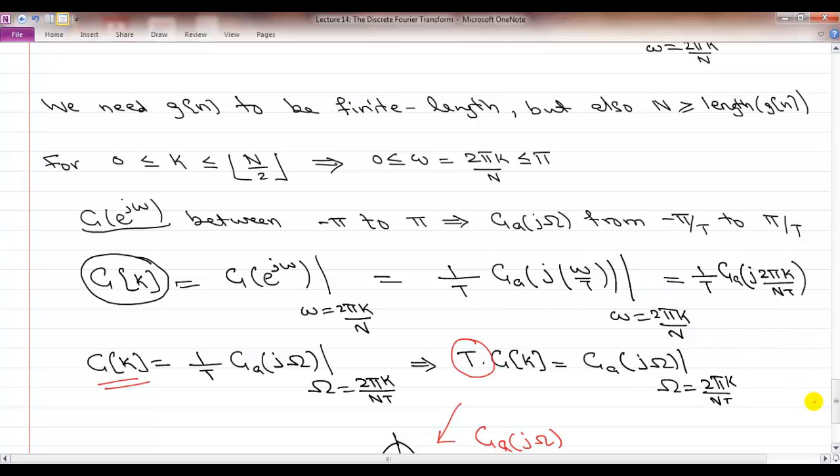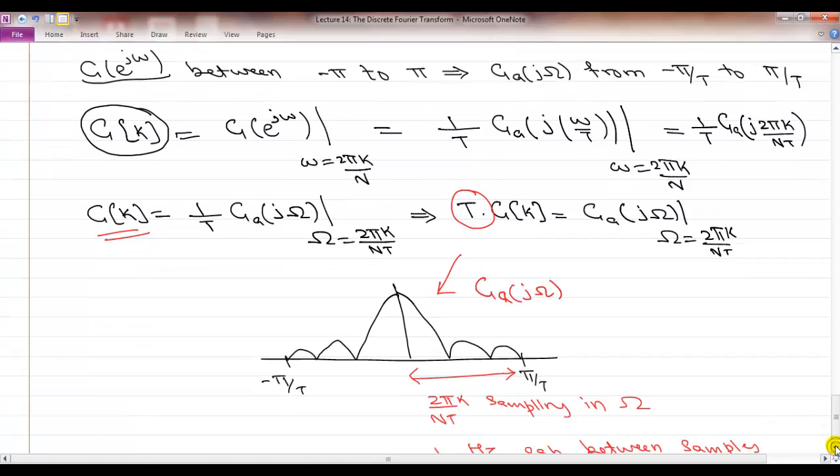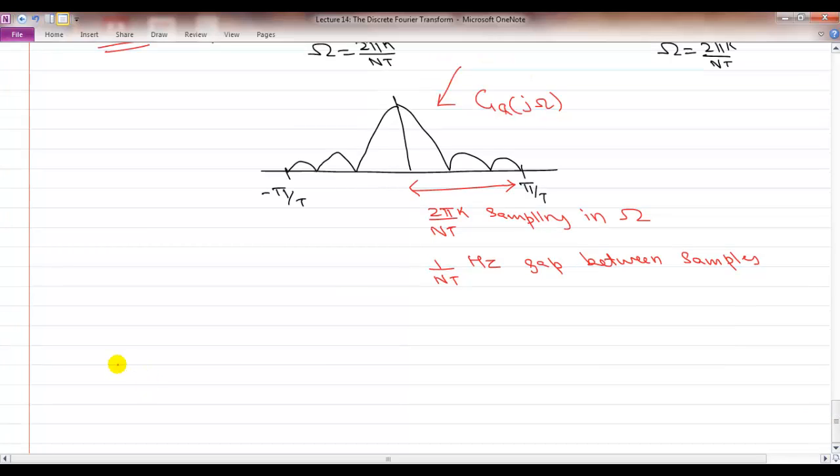And so for the case when k is bigger than or equal to N plus 1 over 2, this ceiling operation, in that case the relationship between G[k] and the continuous time Fourier transform has to be changed.